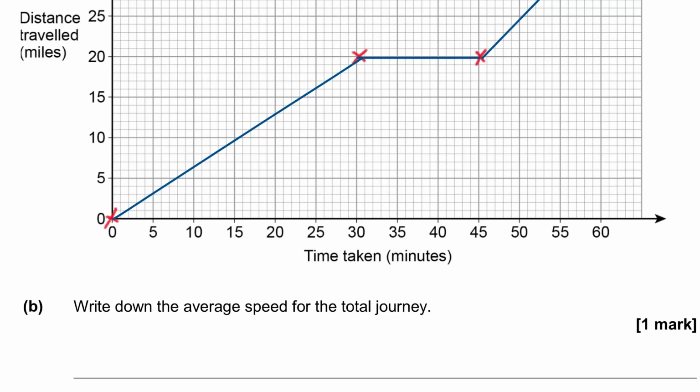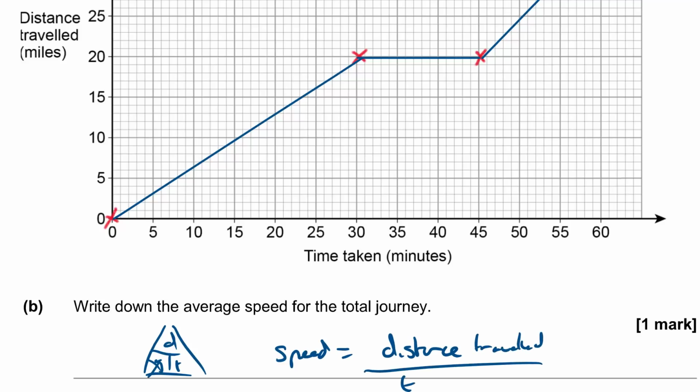Okay, now you remember from your DST triangle that if I want to find speed, then speed is going to be equal to distance traveled divided by time taken. So we know that she traveled for an hour, so that's going to be 1.